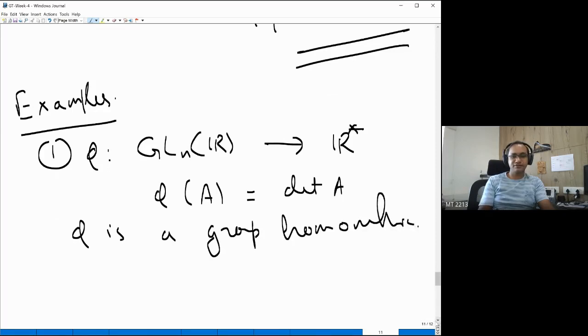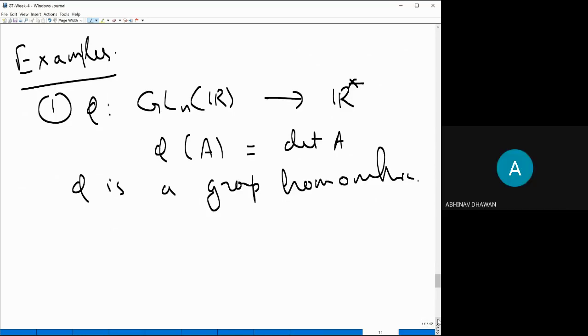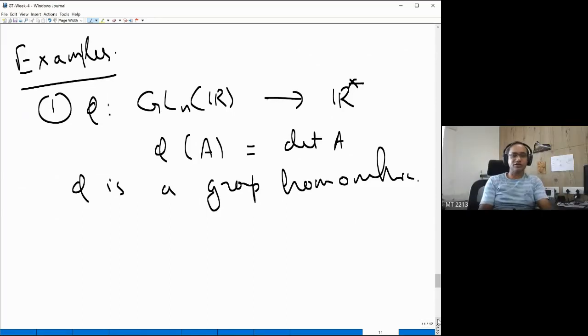My claim is that this is a group homomorphism. Why is that? Because the determinant of a product of matrices is the product of the determinants. That is what you use here to show that this is a group homomorphism. And what is the kernel of phi?